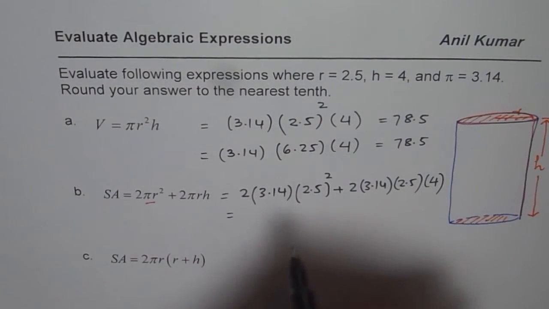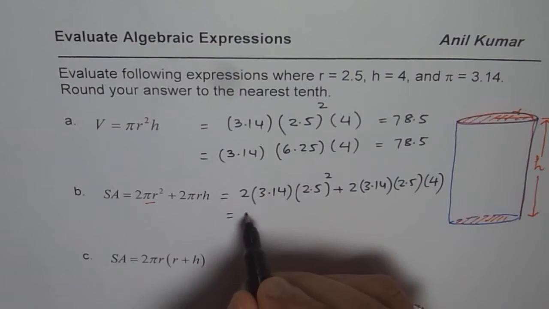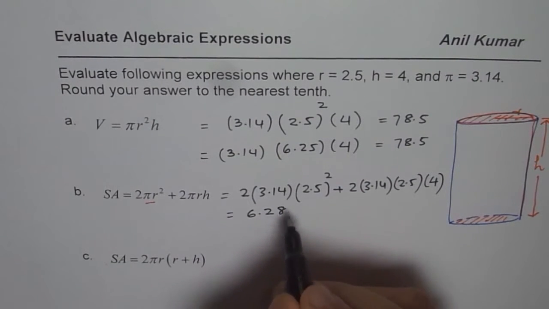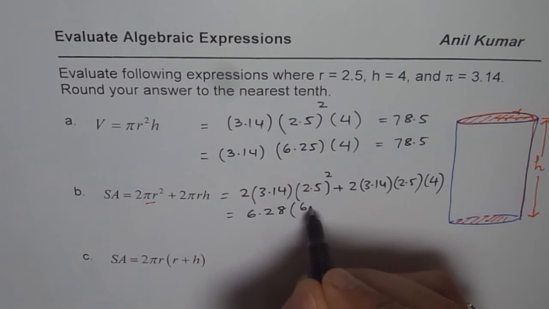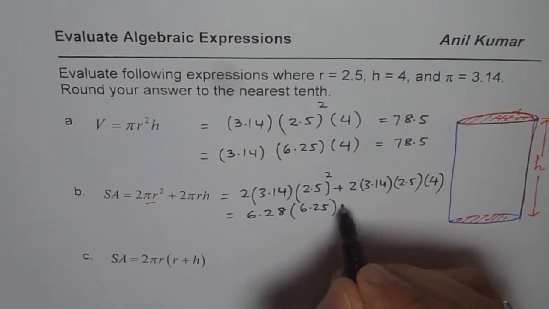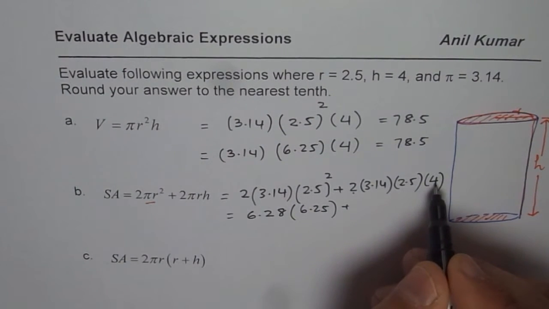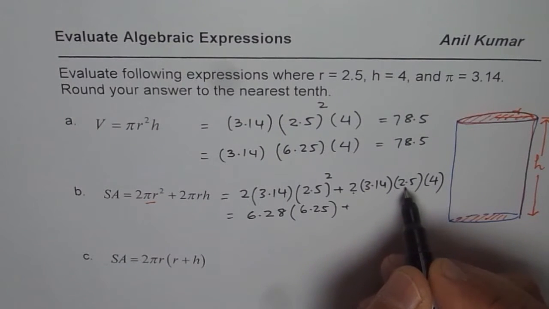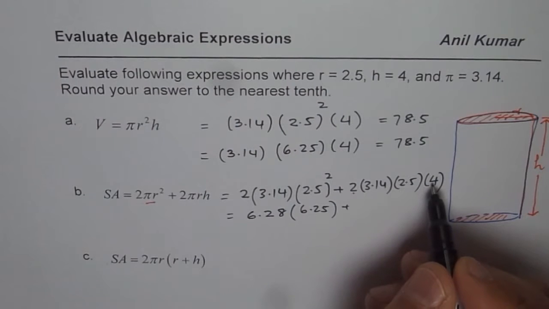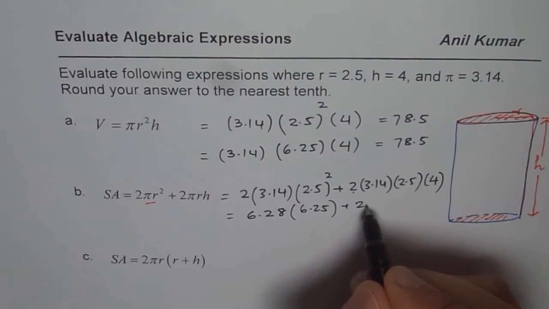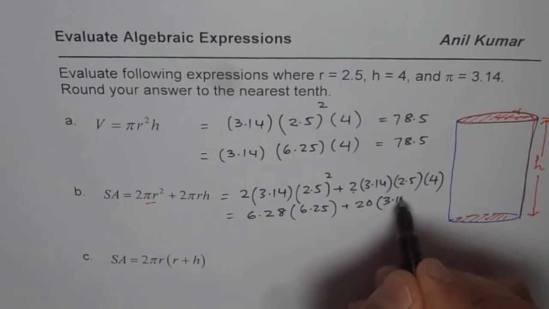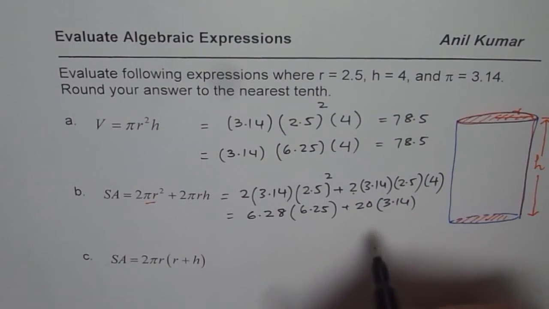For example, I could just multiply this and get 6.28. It all depends what type of calculator you are using, right? So 6.25, and 2.5 times 4 will be 10, right? And 10 times 3.14. So let's do it in steps. We get 20 times 3.14.